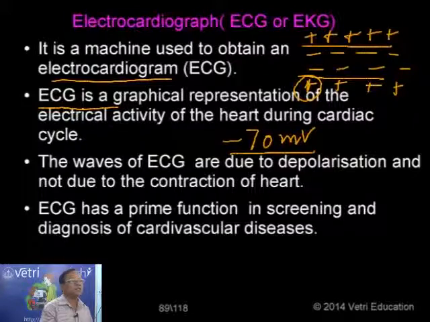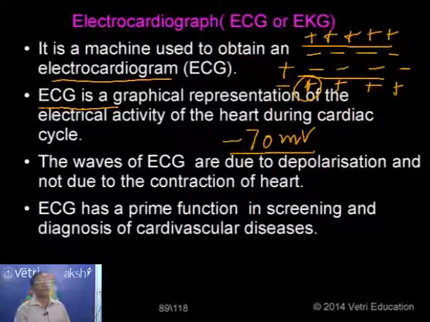Now the charges have been changed. The charge on the outer side becomes negative, and the charge on the inner side becomes positive. This membrane is called a depolarized membrane, having outer negative and inner positive charge.